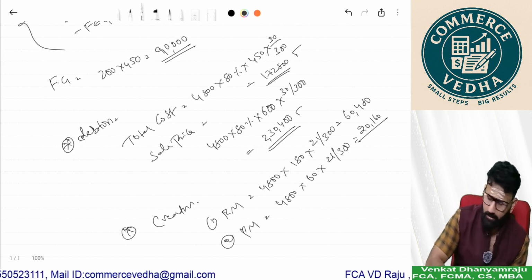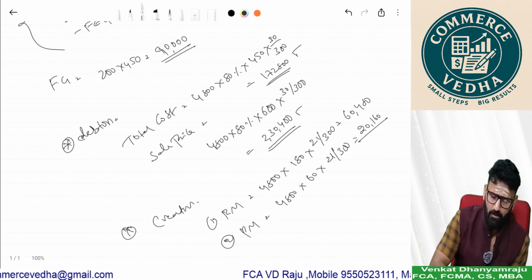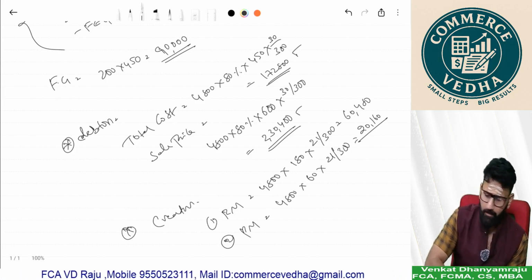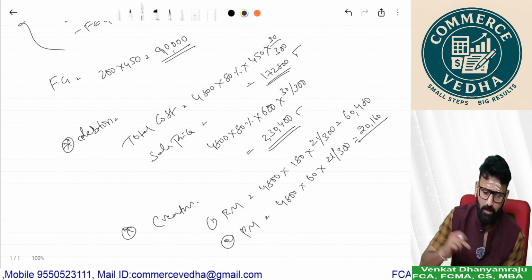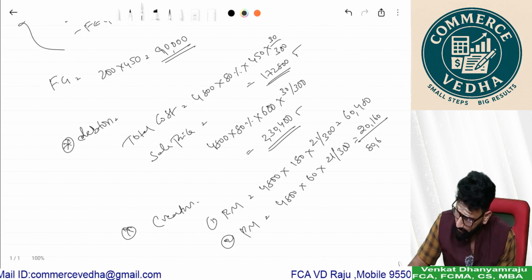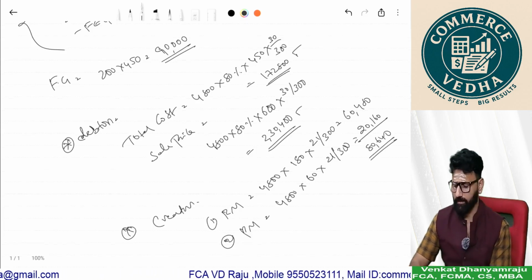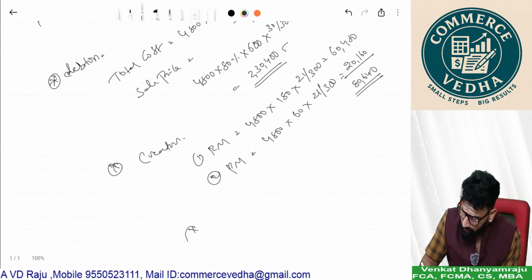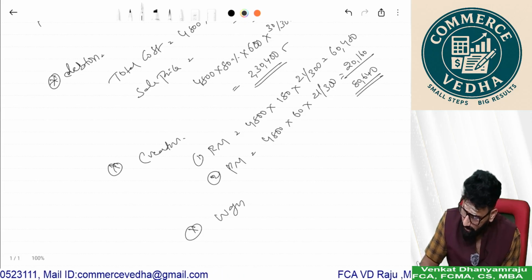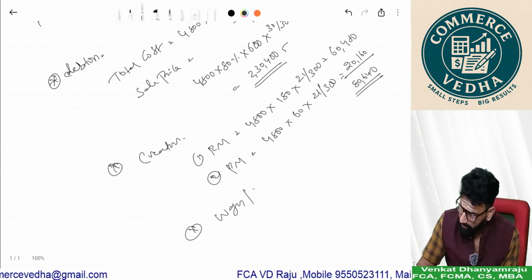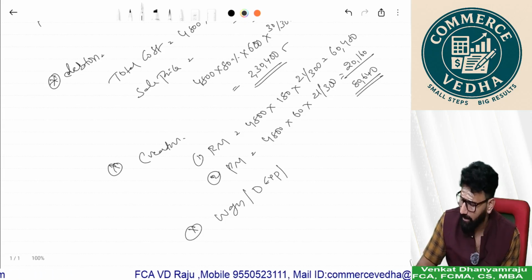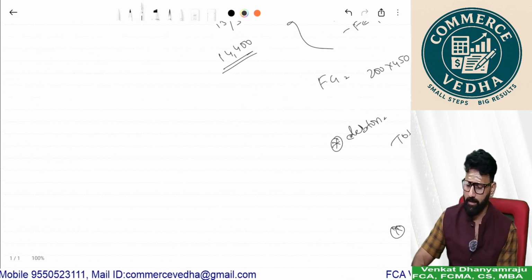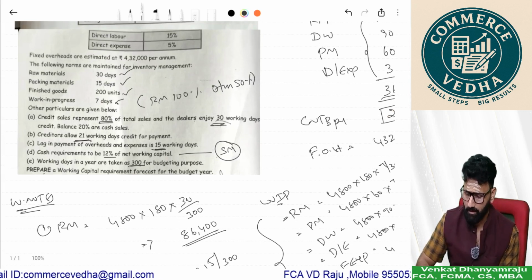So total creditors 60,480 plus 20,160, 80,640 is creditors. Then comes your wages and direct expense and fixed overheads.